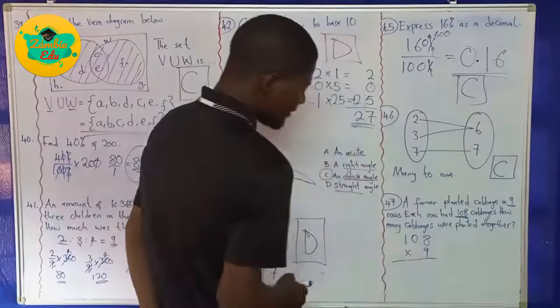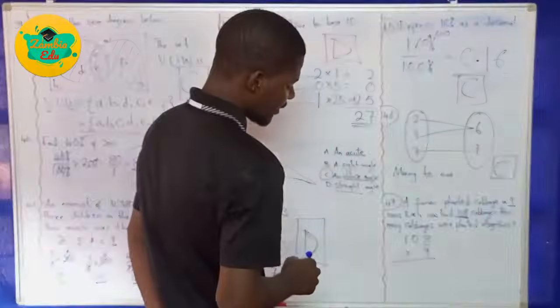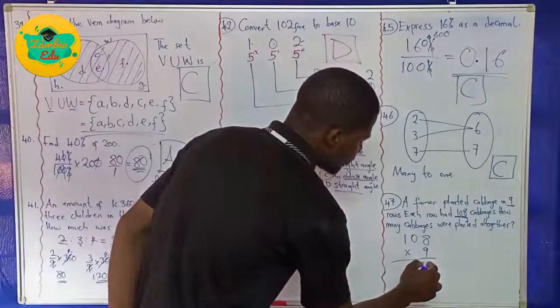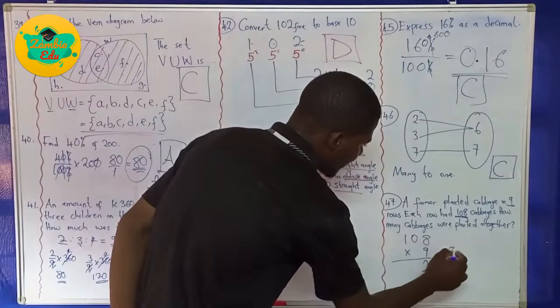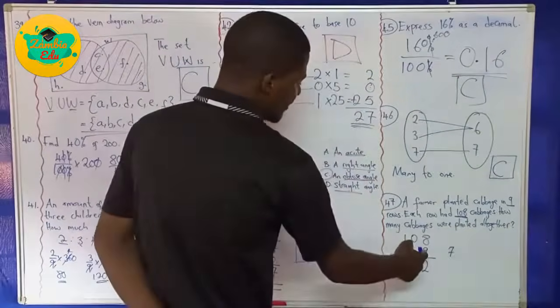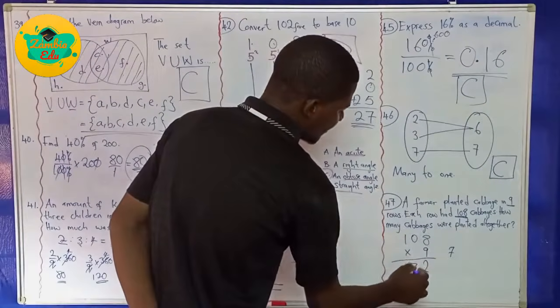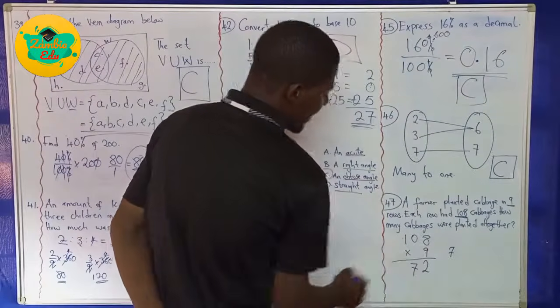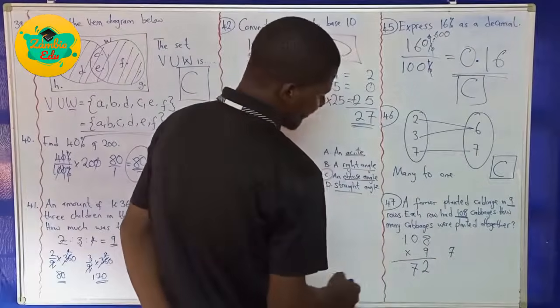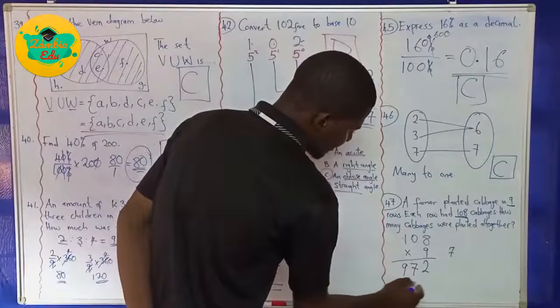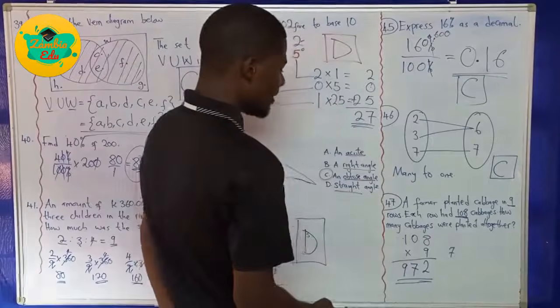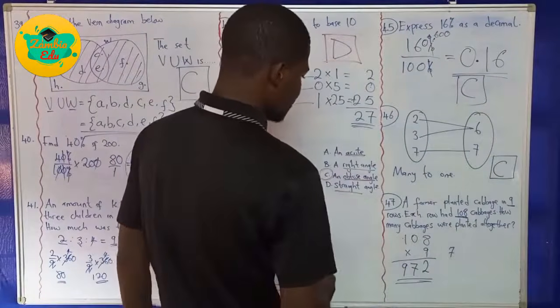8 times 9, the answer is 72. So you write a 2 there, carry a 7. 9 times 0, it's 0, plus 7, it's 7. 9 times 1 is 9. And so our answer becomes 972.